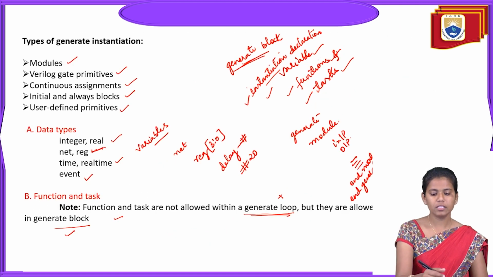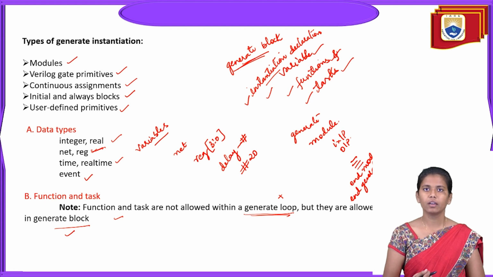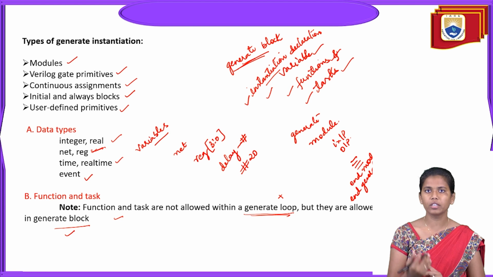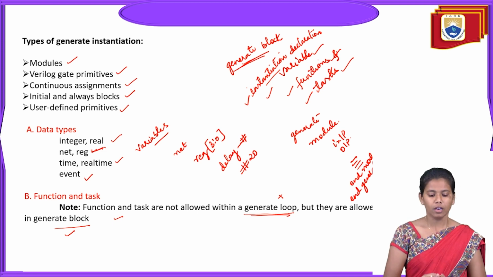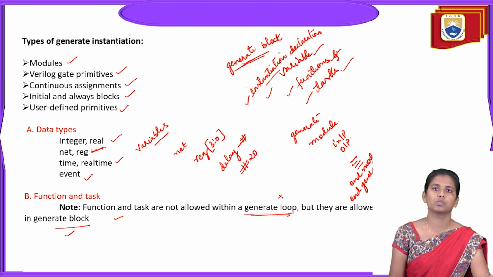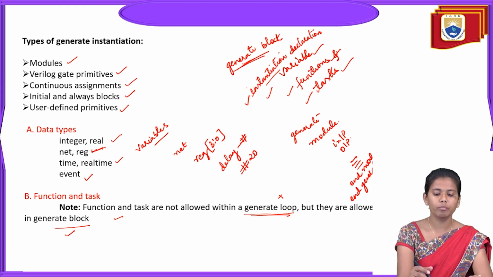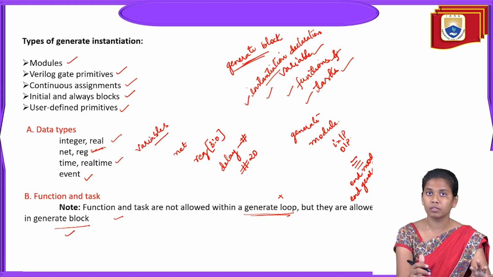And then these are the few things instantiated in the generate code. If you are writing your code in terms of a generate block, then there are a few things to be instantiated. Those are the data types, and also the functions and tasks.